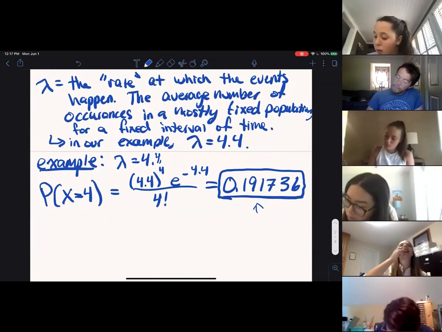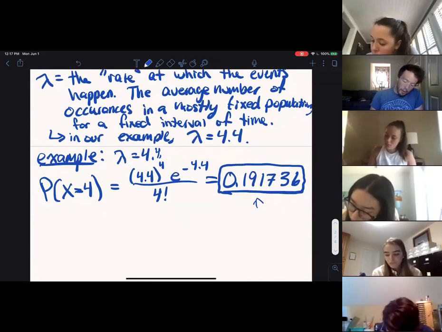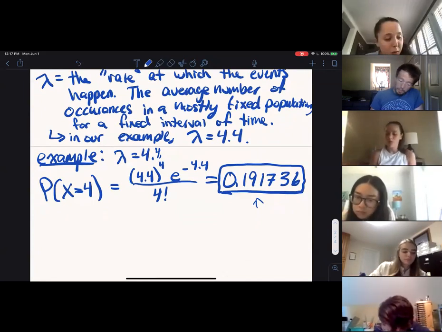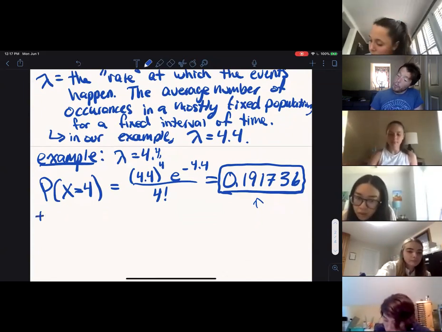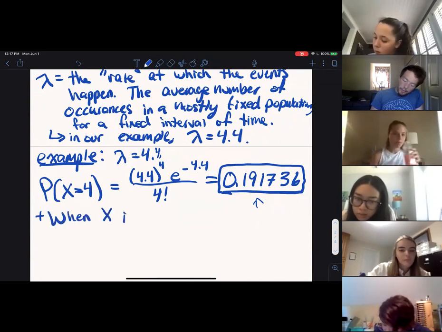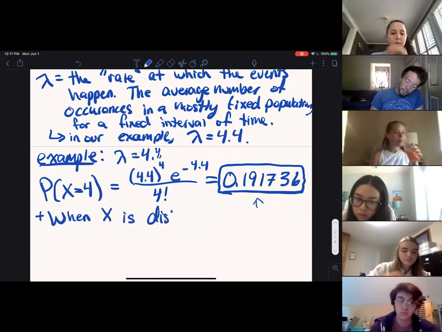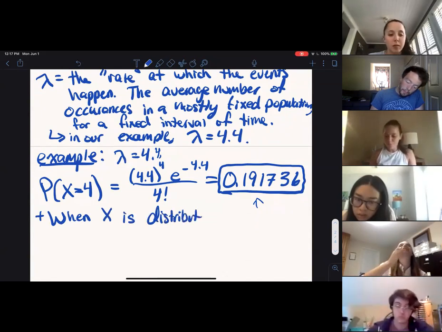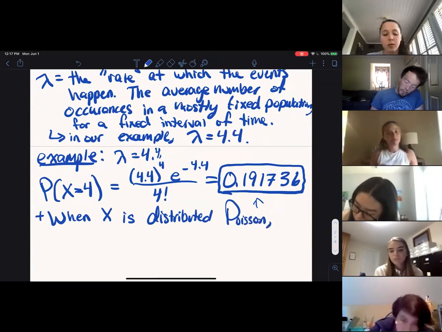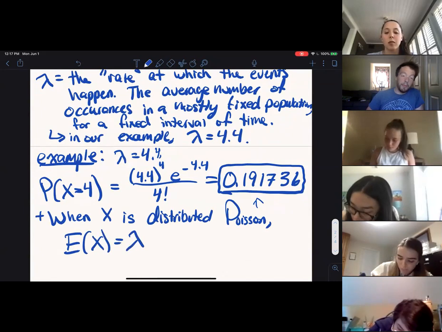So, just like how I gave this to you for the geometric and the binomial, I think I gave it to you for the normal as well. When X is distributed Poisson, we know the formula for expected value.